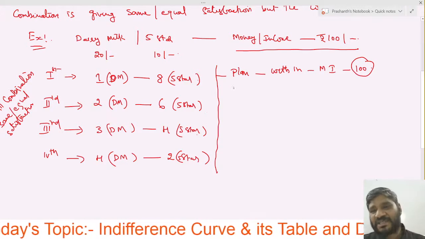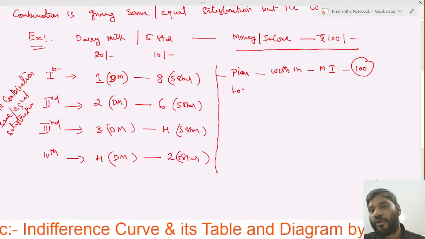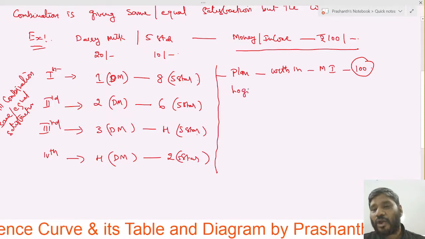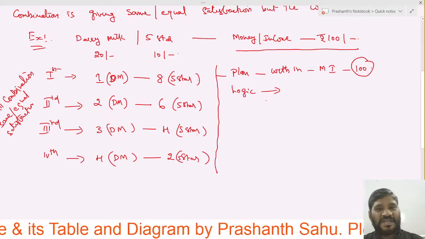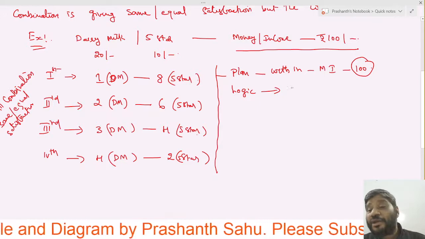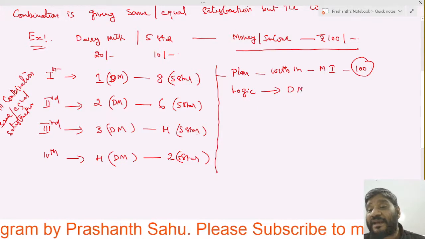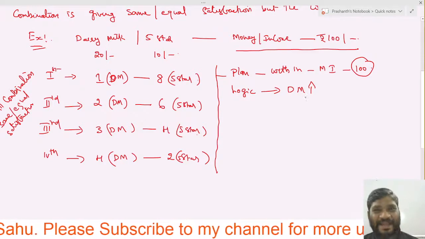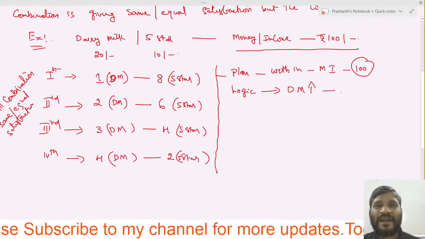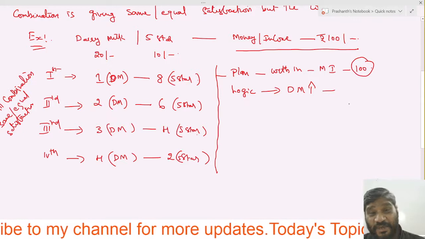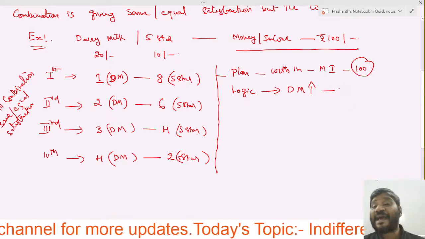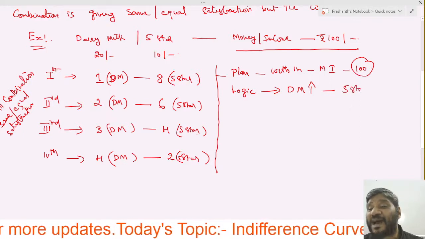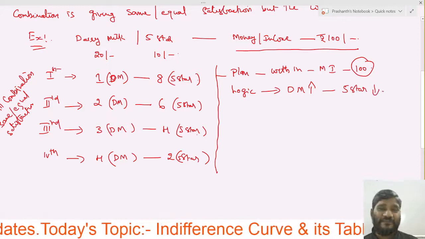One more logic is there here. Can you tell me what that logic is? If he wants to increase the Dairy Milk, what has he done, my dear students? He has decreased the 5-Star.